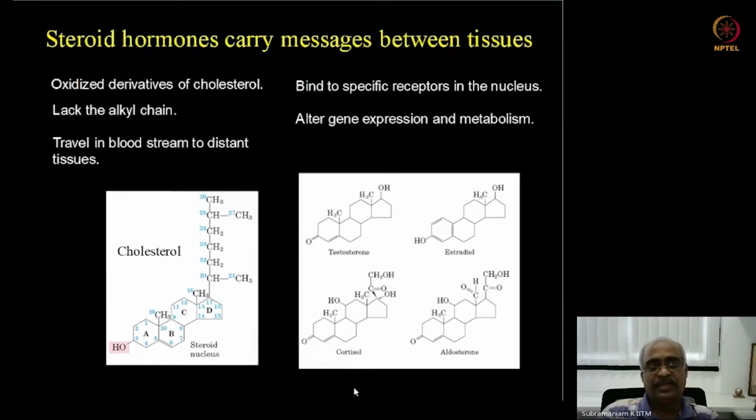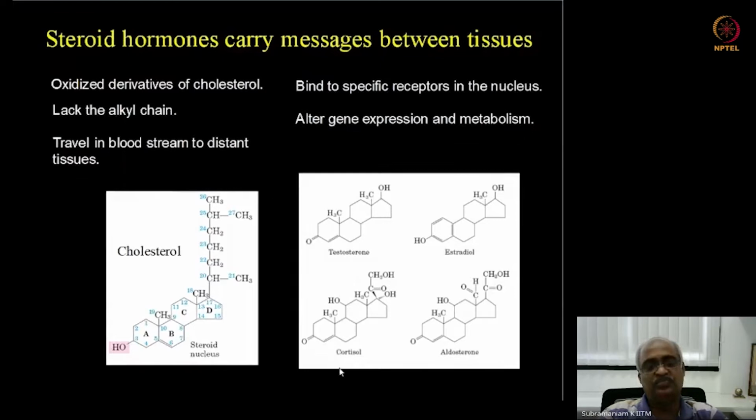The name itself tells you: glucocorticoid. The oid is steroid, cortic is the cortex of the adrenal gland, and gluco means to do with glucose regulation. So cortisol is important to regulate glucose level.